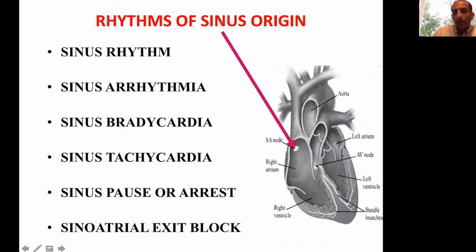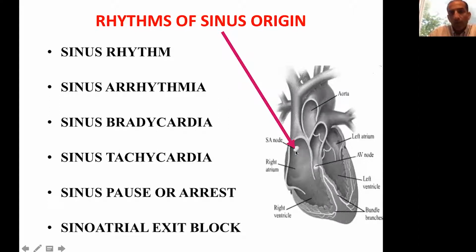There are different inputs to the AV node from the atrium. And the AV node acts like a filter, and then it conducts through the AV node, through the bundle of His, to the left bundle and the right bundle to activate the left and right ventricles. So this is a pattern of normal conduction that is present in everybody.